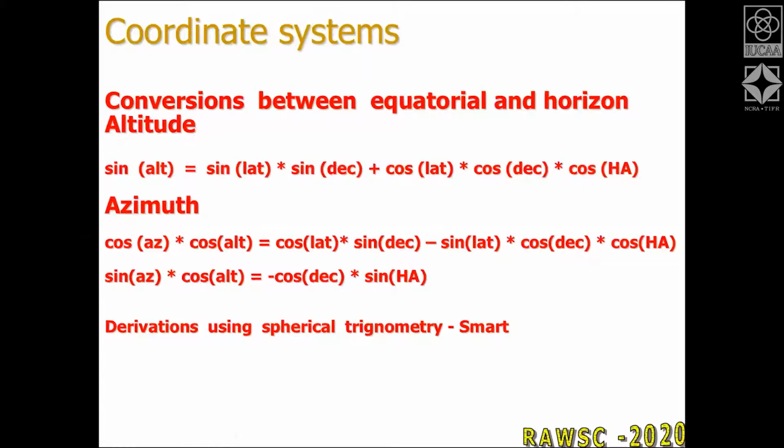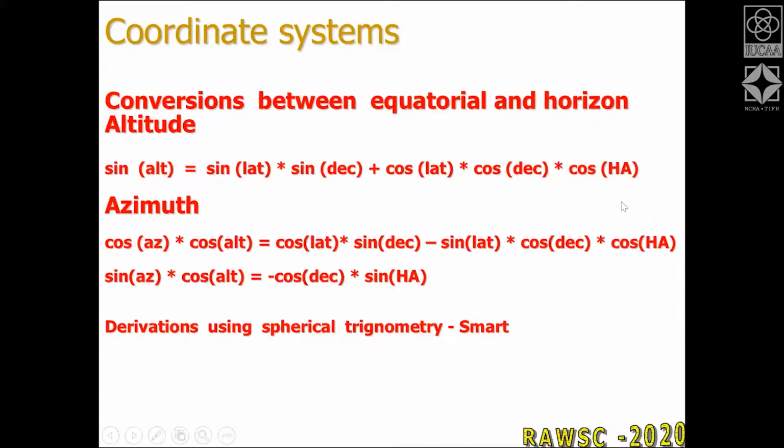We will come to what is hour angle. For the time being, you can assume that hour angle is a proxy for right ascension. So the declination and right ascension are on the right-hand side, but you see that these are multiplied by latitude, and in the hour angle there is a time dependence.